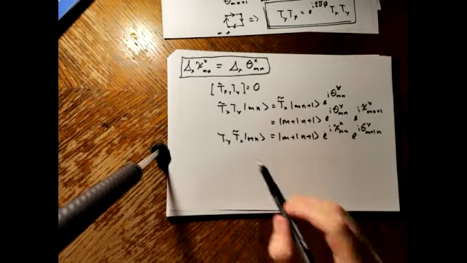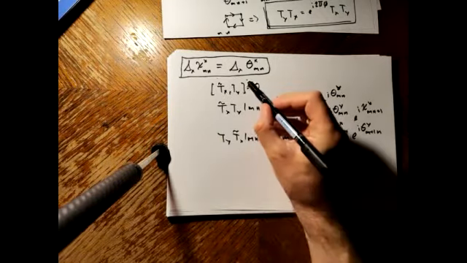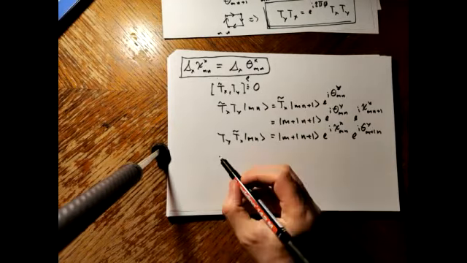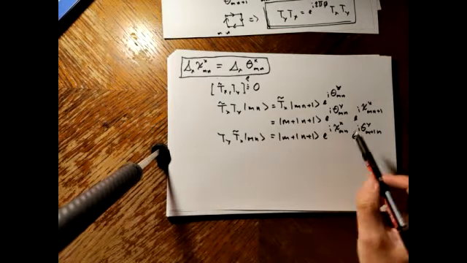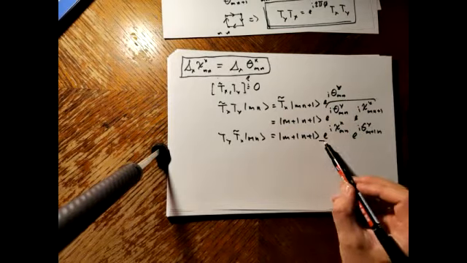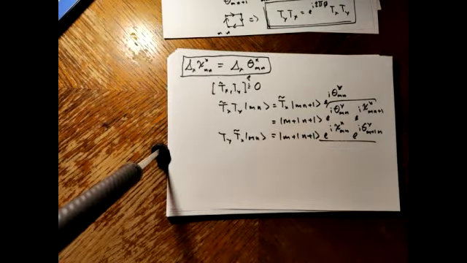So in order for these things to commute, these guys are not commuting yet, but they do commute if the phases are such that, if I equate these two phases, then they do commute.